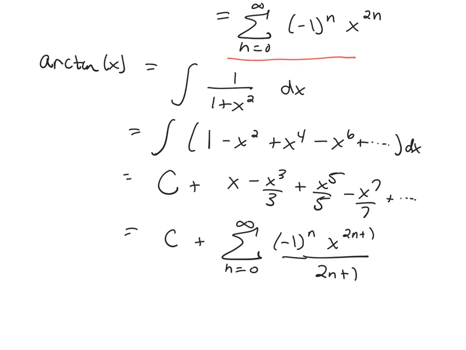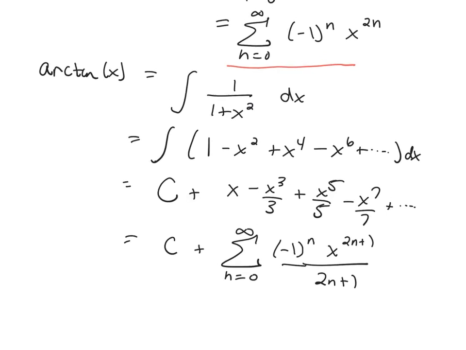I want all of these terms on the right-hand side of the series to go away, so you're going to plug in 0. You want to plug in whatever this power series is centered at. This is a power series centered at 0, because it's just x, not x minus 2 or something like that. So I'm going to plug in 0 to solve for my c value.